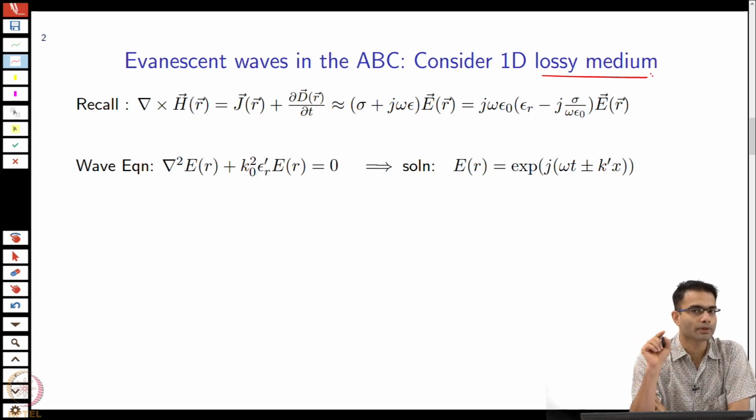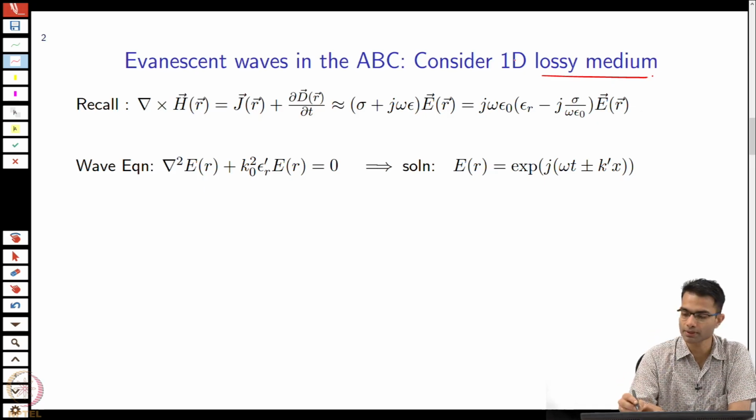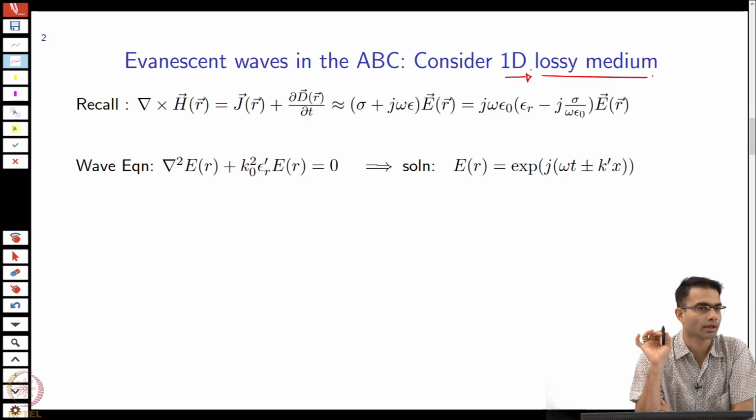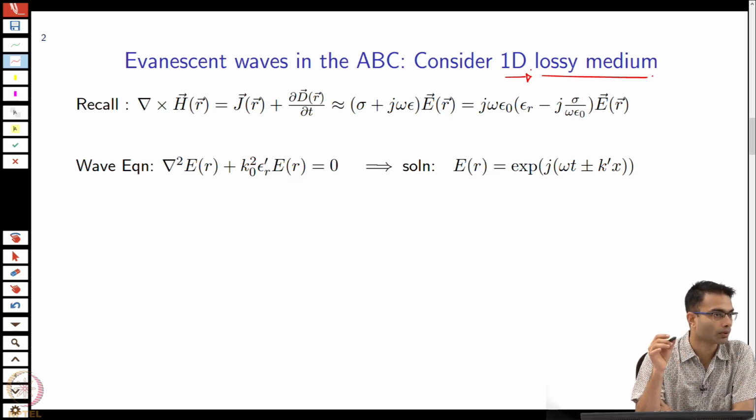In 1D vacuum, we imposed the boundary condition and we found that absorbing boundary condition was perfect, right? There was no reflection whatsoever. So, we will keep the discussion limited to 1D, but now change it to a lossy medium. That is the only difference. And here we will find that the ABC is not able to deal with it. Okay, so, let us see how.